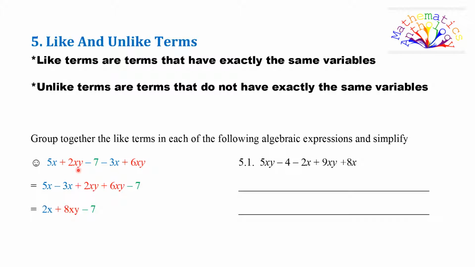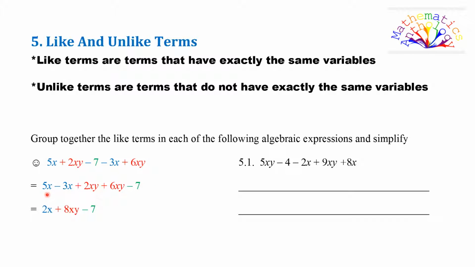We have positive 2xy. If we look for another term that's xy, it's this last term, which is positive 6xy. So we'll put those two terms together. Positive 2xy plus 6xy. And our lone term here is this negative 7. So we'll put the negative 7 at the end. Now that we have them grouped together, we can simplify them.